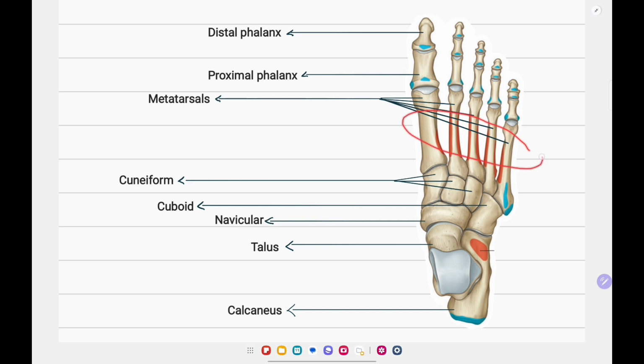These are all metatarsals, and these are all tarsals. Proximal and distal to the metatarsals are the phalanges. These ones are proximal phalanx, and distal phalanx are these ones.